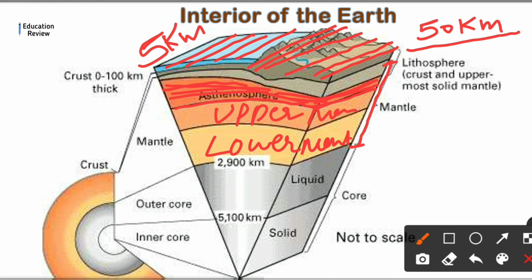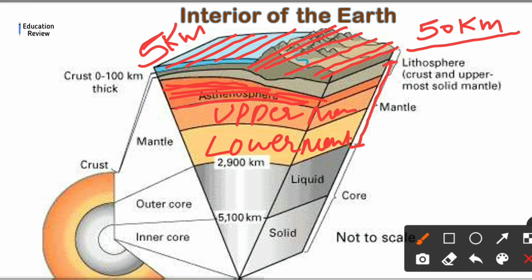I mean, here the earth is not fully in the form of liquid and also not in the form of solid. This portion is in the form of jelly. Okay.